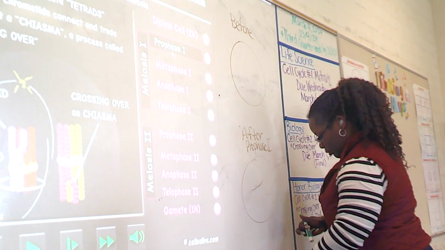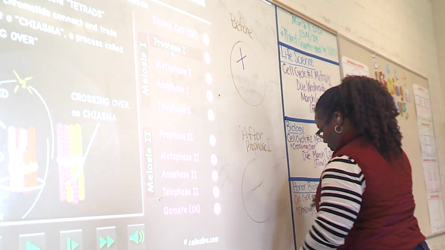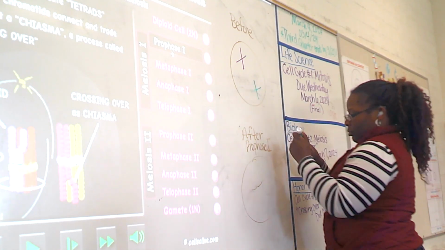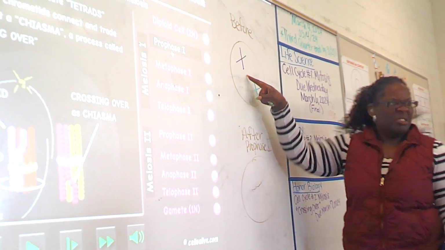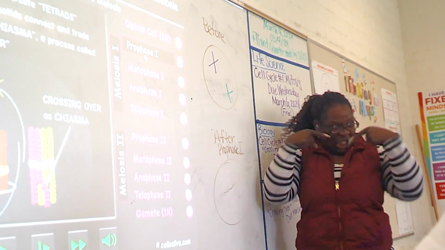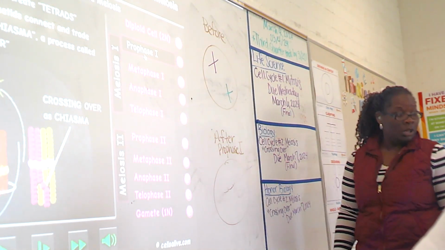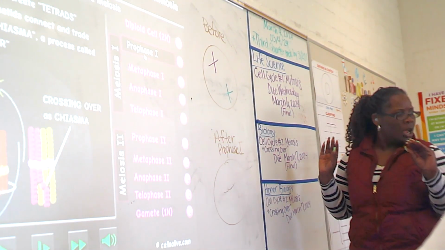In metaphase 1, are there tetrads or do sister chromatids conflict? Yes. So we're finished combining the parent cells. This is during prophase 1. What does this mean?